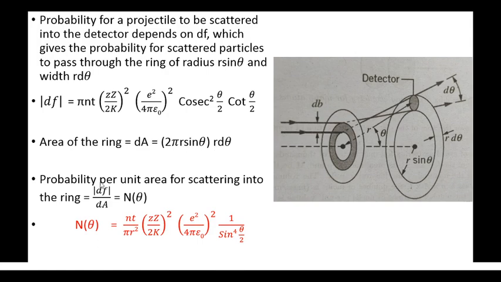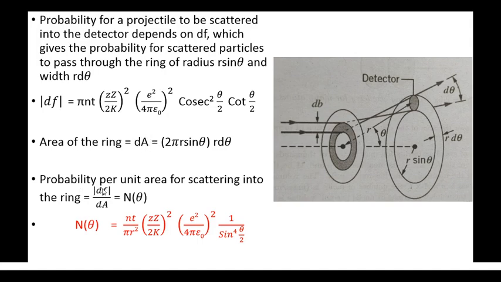Now we are going to find the probability per unit area for scattering into the ring. So we are considering the scattered alpha particles which get scattered into this ring only. We had considered the area as dA, and we already know that the fraction of alpha particles entering the area pi b square is dF. Now we are only considering the area dA.